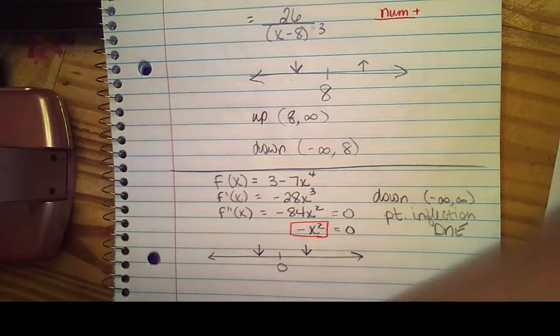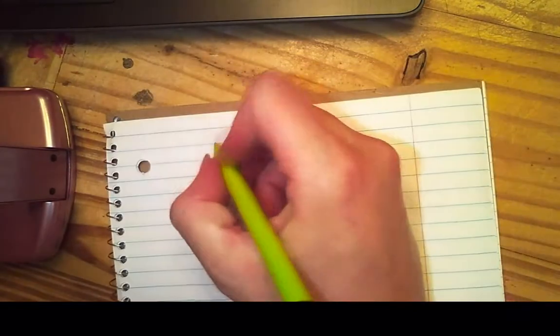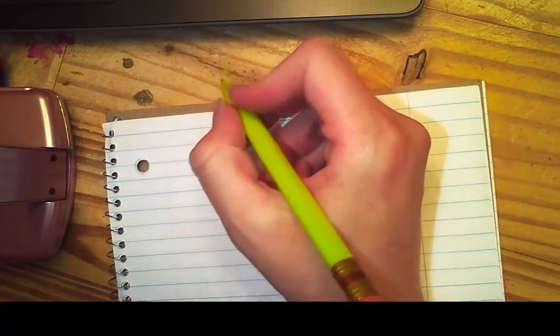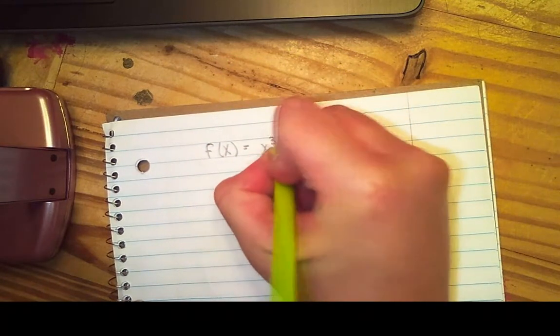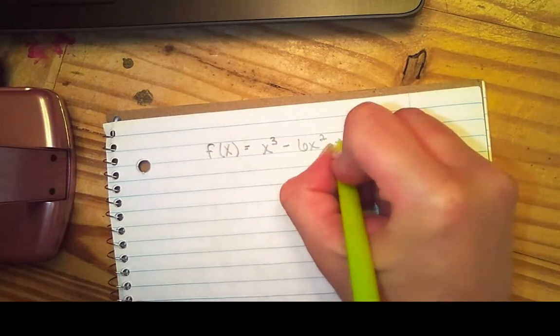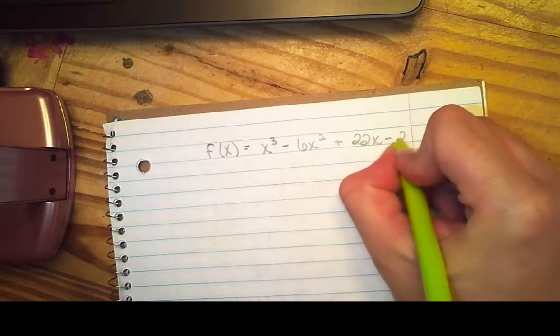All right, so another one will be, let's try this one. I'm flipping everything. All right, so f of x equals x to the third minus 6x squared, and then plus 22x and minus 28.